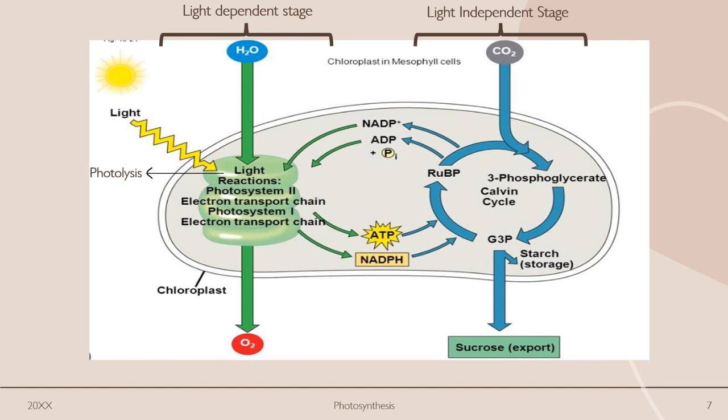This ATP and NADPH, which are produced in the light reactions, are then transferred into the light independent reactions. In the light independent reaction, the Calvin cycle takes place. Due to this Calvin cycle, we get our carbohydrates and the rest of the organic molecules, for example sucrose, cellulose, and a lot of others. As a result of the light independent reaction, we get our electron carriers back, and ADP and inorganic phosphate.